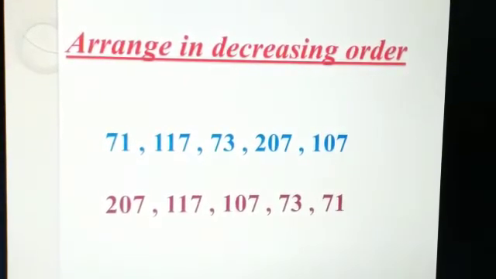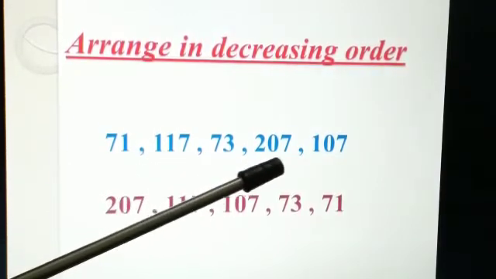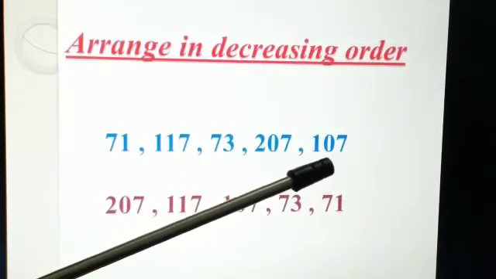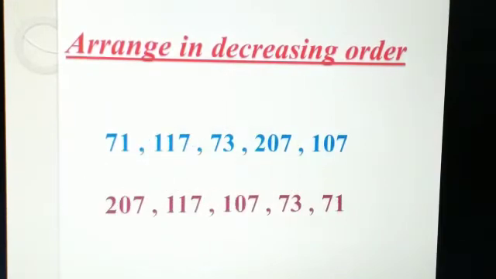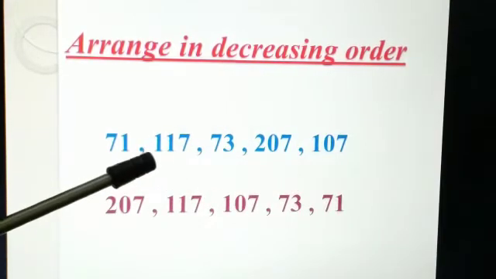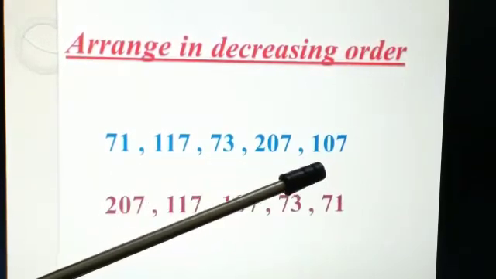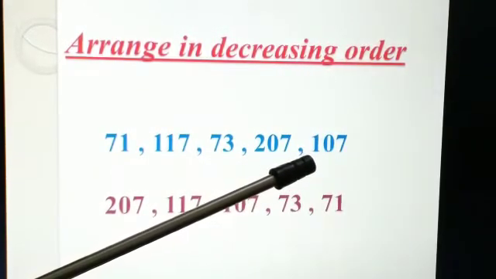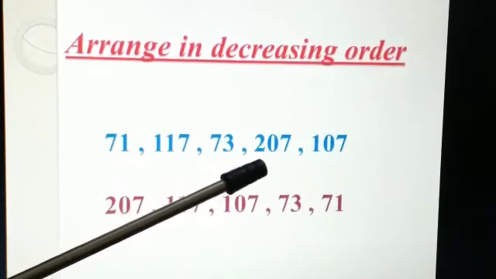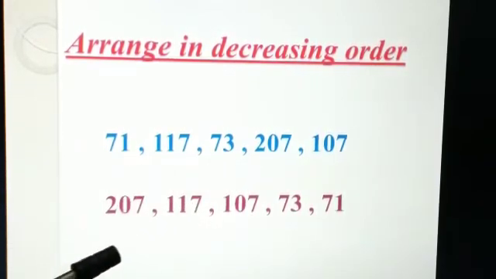Now to find the greatest number, we will compare the 3-digit numbers first, and they are 117, 207 and 107. So we will compare the first digit from the left side, and the first digits are 1, 2 and 1. 2 is the bigger number, that means 207 is the greatest number.